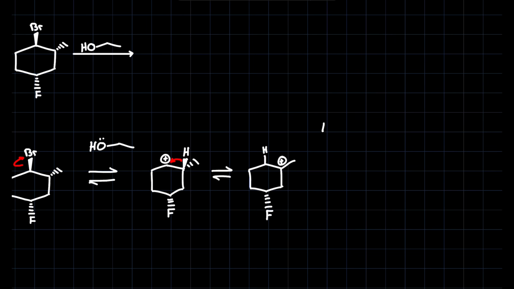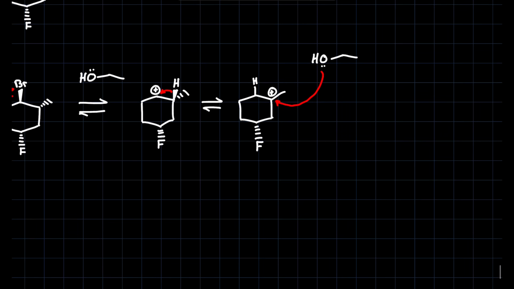And since we have our carbocation, we still have our ethanol floating around in the solution, which is yet again our weak nucleophile. So the lone pair on the oxygen will come and attack that carbocation. And in doing so, we have then created a new carbon-oxygen bond.